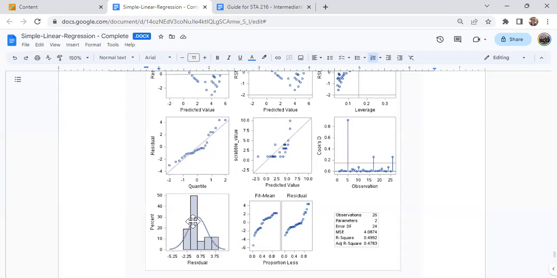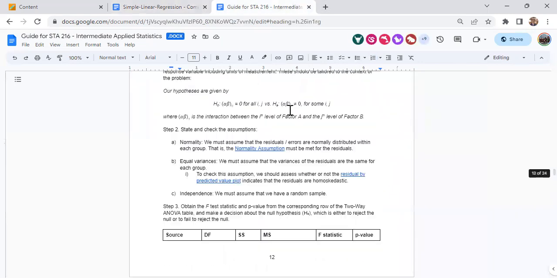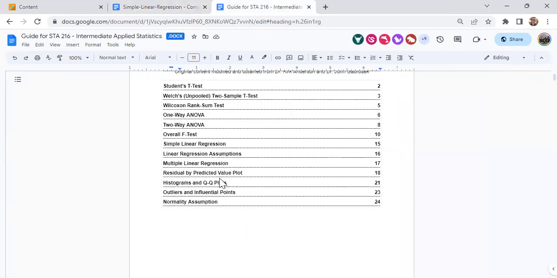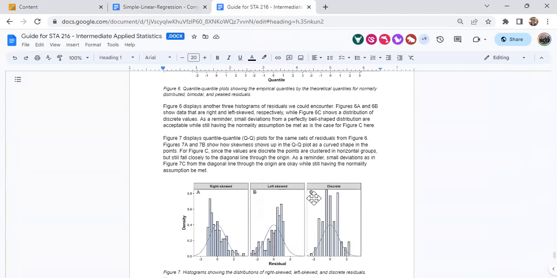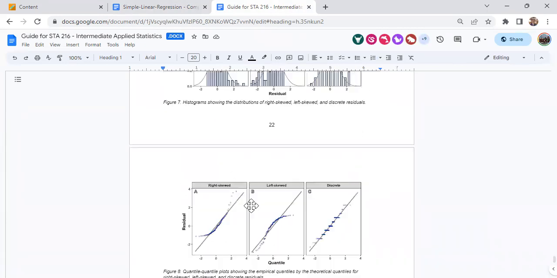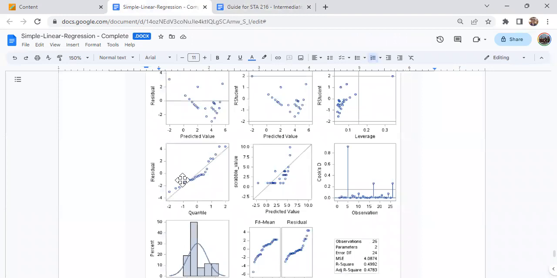Yeah, it's a little skewed right, which is not great. And you can see that in the QQ plot, when you have this upward bend, that tends to indicate, if we look at the histogram and QQ plot section here, when your distribution is right skewed, you get this upward bend in the QQ plot. We kind of see that here a little bit, but it's not the worst. So it's halfway between okay and problematic, I would say.